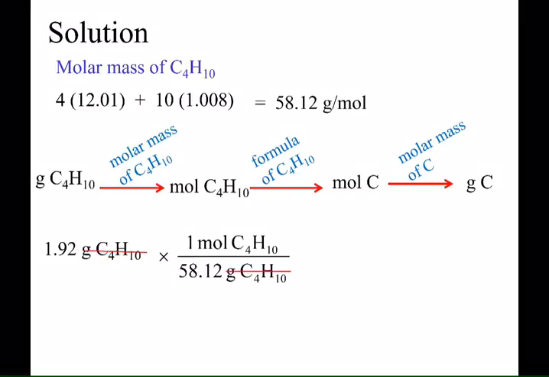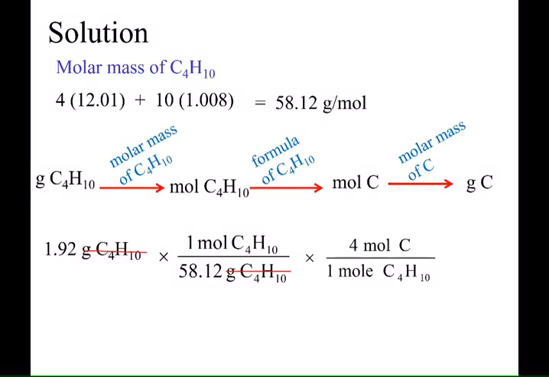Now we're ready to go to the moles of carbon. What does that look like? Well, I'm going to put 1 mole of C4H10 on the bottom. I'll put 4 moles of carbon on top. Now my moles of compound have canceled. I'm left with moles of carbon. Whoo-wee!